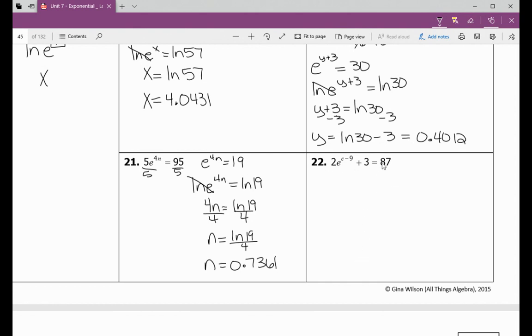Number 22 has a lot of things going on. I need to isolate this part, so I'm going to subtract the 3 first. You always move numbers by adding or subtracting first. And then I'm going to divide both sides by 2. So that gives me e to the c minus 9 equals 42. At this point, I will natural log both sides.